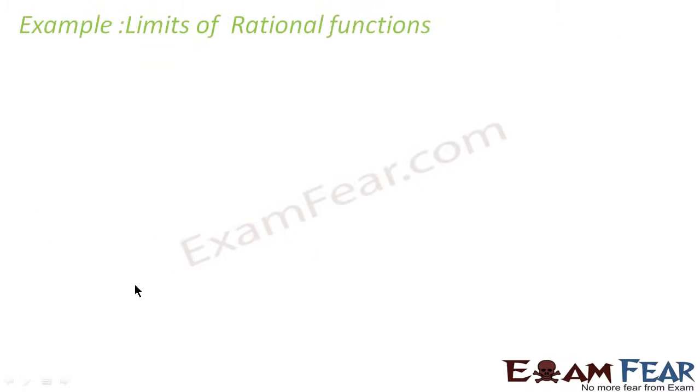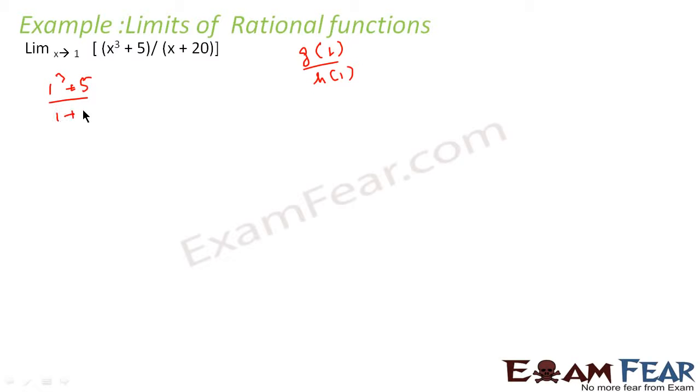We'll take some examples. So here we have to find the value of (x cube plus 5) by (x plus 20), where x is tending to 1. So what we'll do here, we'll write g(1) by h(1) first. Correct? That will come out to be (1 cube plus 5) by (1 plus 20), and that is 6 by 21. This is a good value.